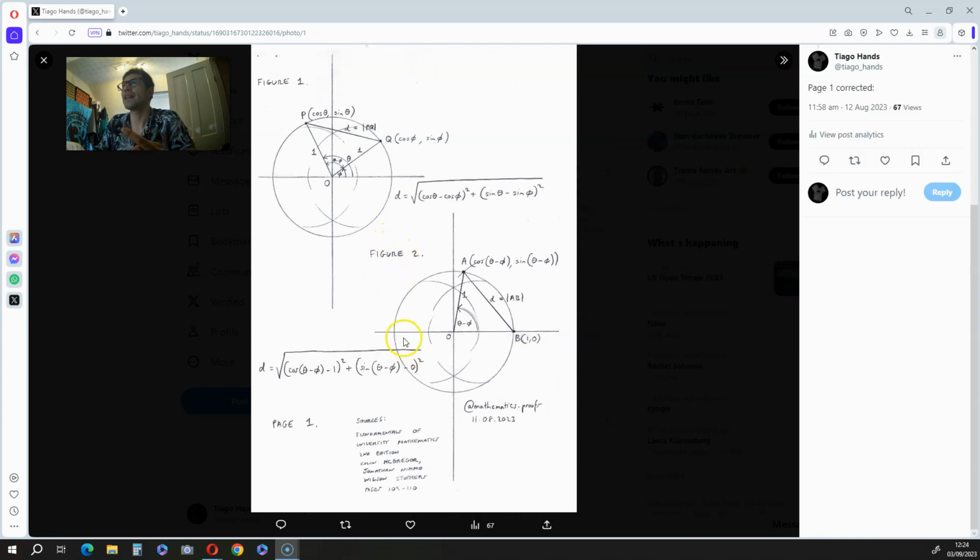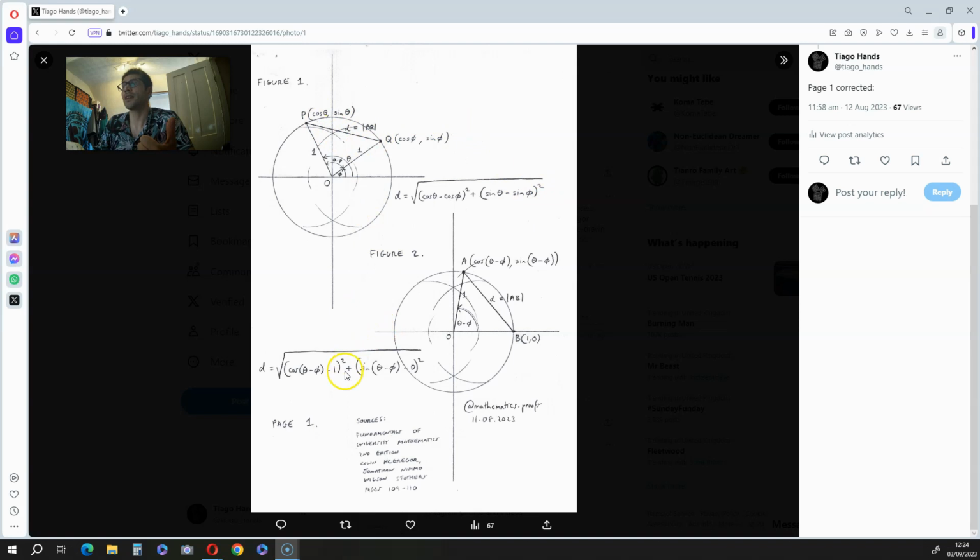Okay, so I've made a slight change to the workings that I had before. I've put a 0 over here instead of a 1. Now, the distance between P and Q is going to be the square root of (cos theta minus cos phi) squared plus (sine theta minus sine phi) squared. Okay, so we're using the distance formula to get this.